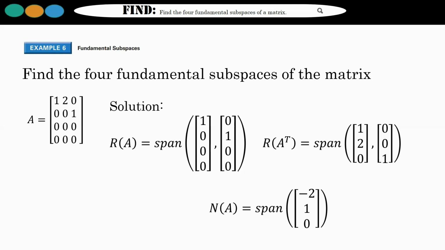So for the value of x sub 1, 0 minus 2 times 1 minus 0 times 0, and then it is equal to negative 2.